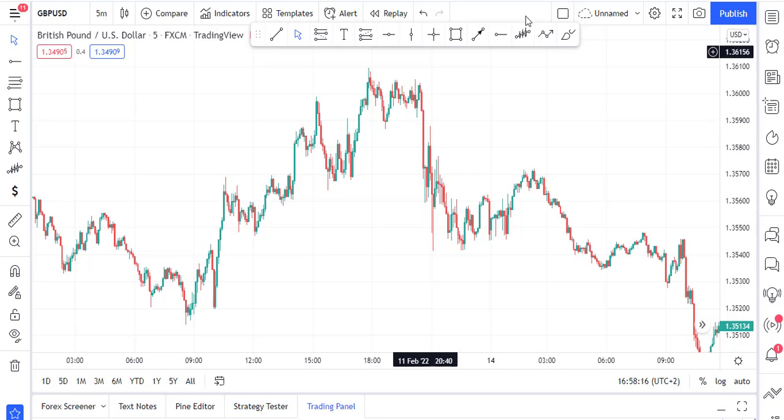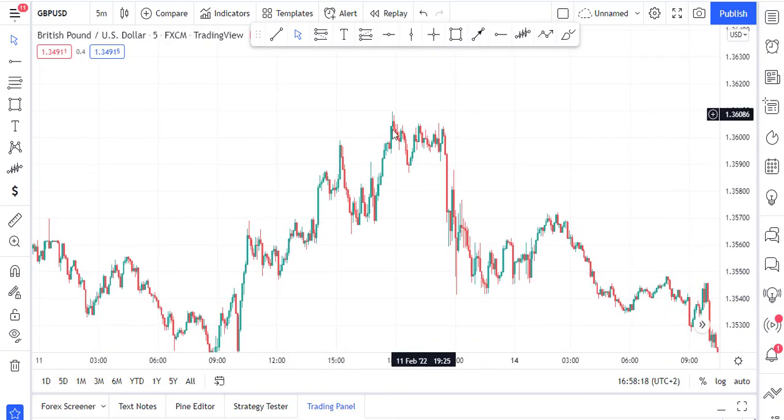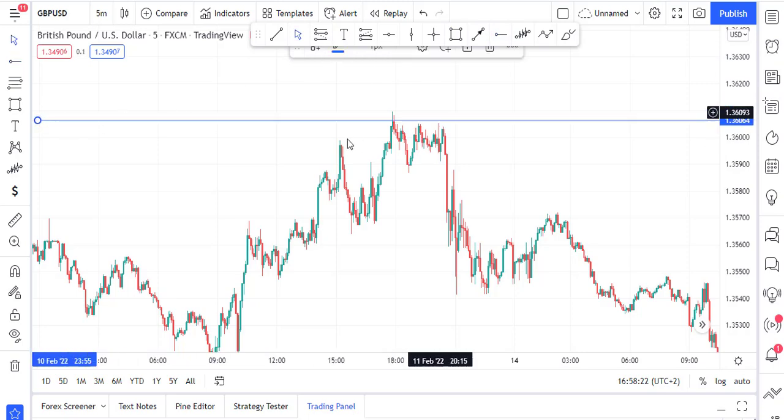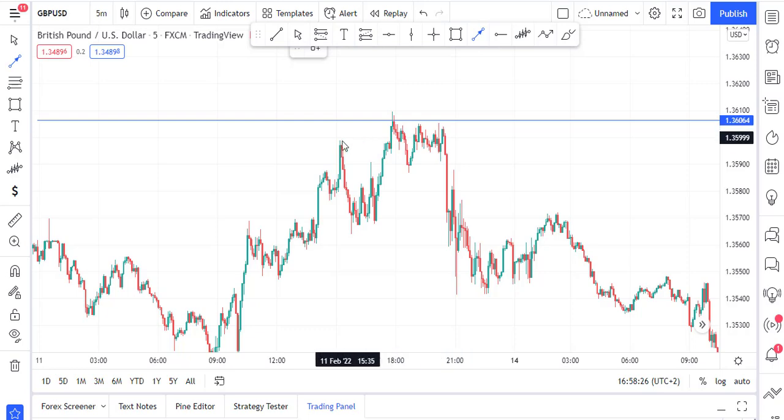So number one, let's say you want to sell in this area, right? What are you going to see? You are going to see that we have a liquidity grab above this zone, right above this high, into our area. Maybe this is a daily high, a weekly high, or a monthly high, whatever it might be.